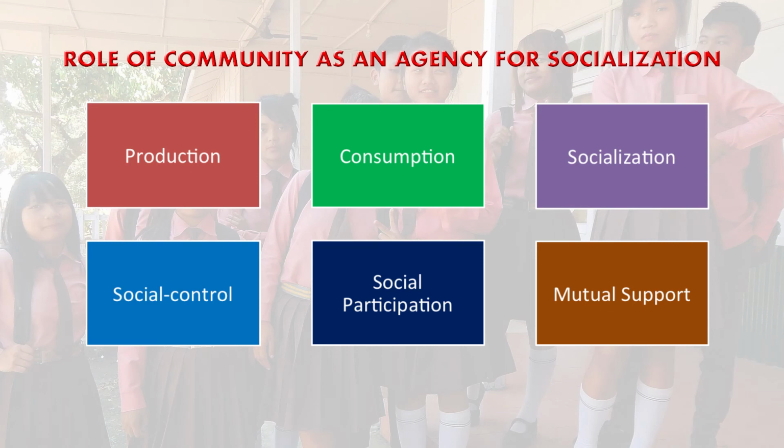And ultimately, when the individual is involved in such social participation, they develop a sense of socialization, so they become a socialized person. Then further, another function of the community is called mutual support. Here every individual helps each other. Mutually they grow, mutually they understand, mutually they live, mutually they help each other for their own development.